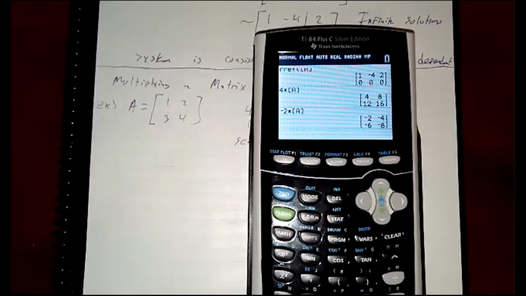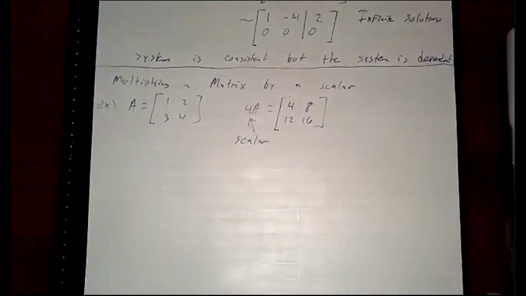All right. So let's move on to multiplying rows and columns, and then multiplying 2 matrices together. So that's scalar stuff.